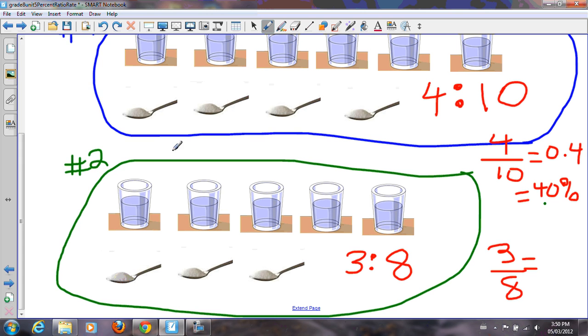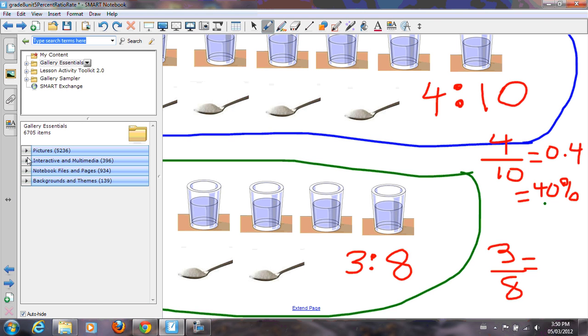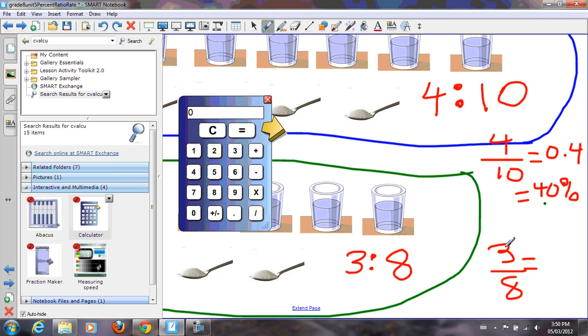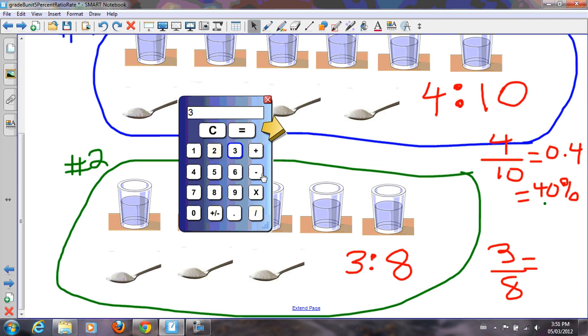Whereas 3 out of 8, I would take the calculator on that one. Using the calculator, just simply put in 3 divided by 8. That will change it to a decimal. And of course, to change anything to a percent, you've done earlier.